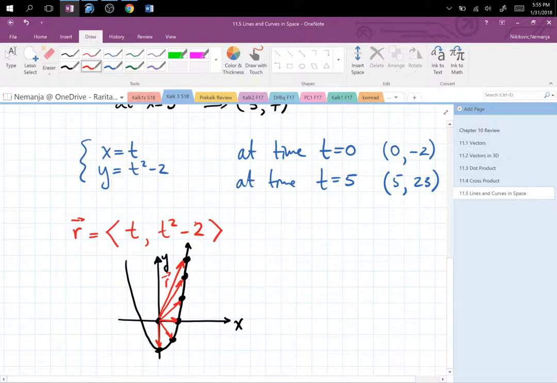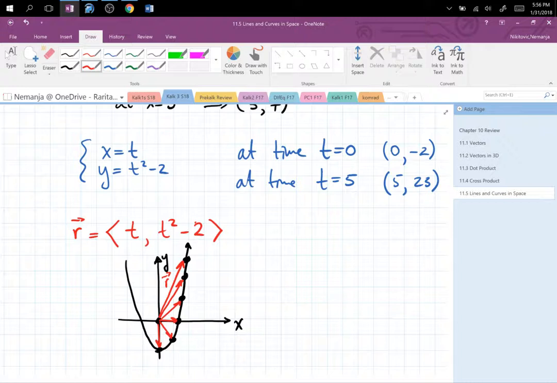See? Vector is no longer 3, 7. Because vector 3, 7 just points from the origin to point 3, 7, and that's it. This vector is changing all the time, right? The magnitude of the vector and the direction of the vector change as the parameter t changes.